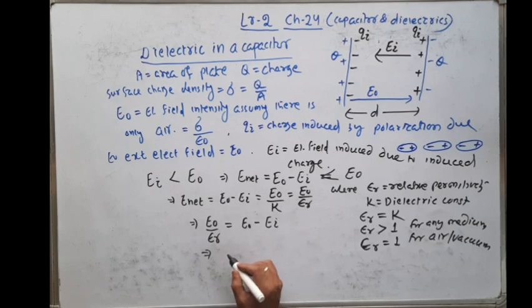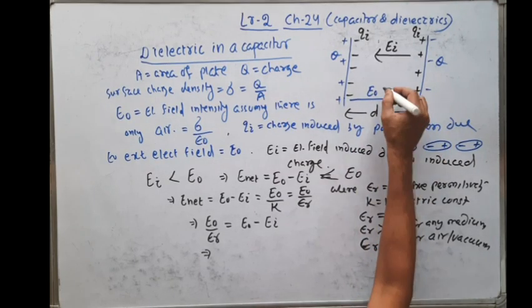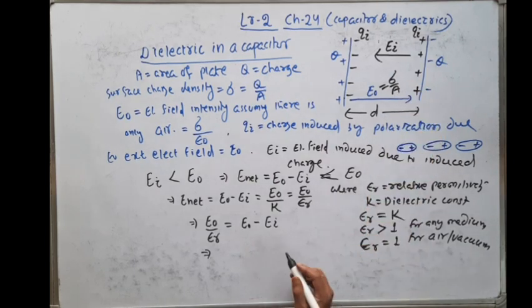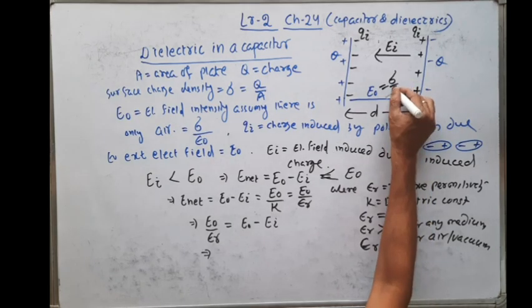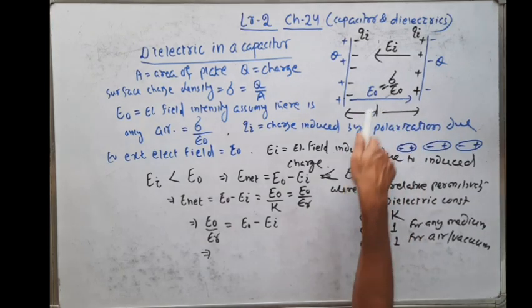That implies, what is E naught? E naught is the electric field intensity developed in between this to this. So according to Gauss law, the electric field intensity is equal to sigma by epsilon naught. Sigma by epsilon naught is the electric field intensity in the air.